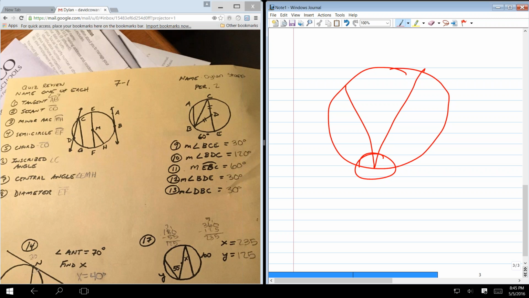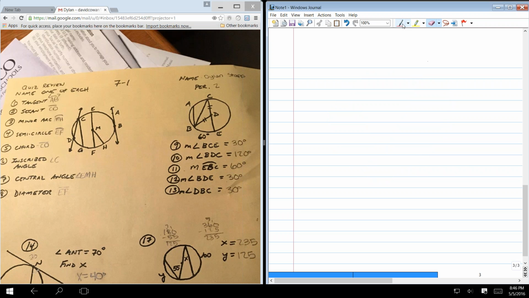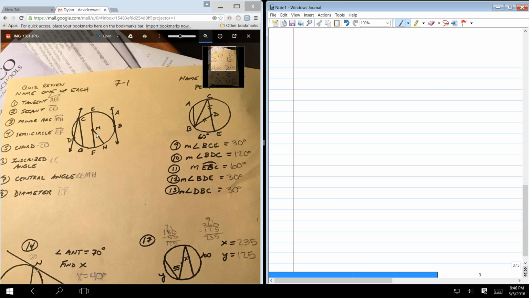I do not see any angle on that diagram that can be described with just one letter. So tell me what three-letter angle is an inscribed angle. MFH. No, that wouldn't be an inscribed angle, because the vertex is not on the circumference.